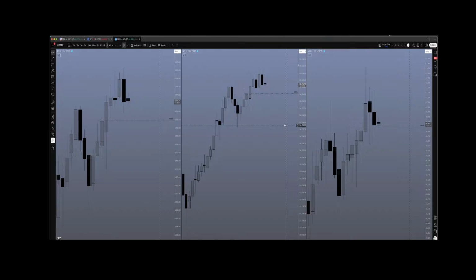So I want to have standard deviation, stack confluence even. Okay, nothing going on at the moment.